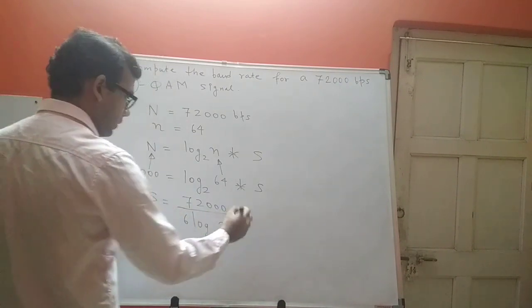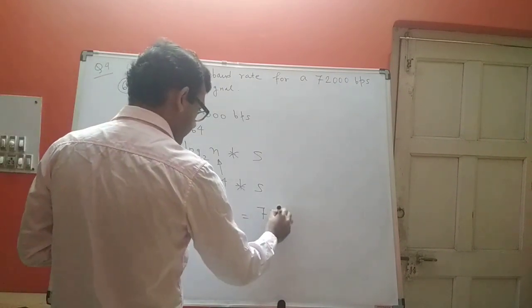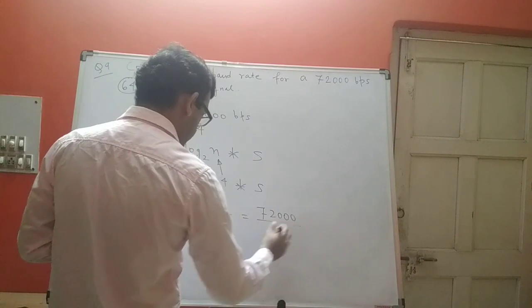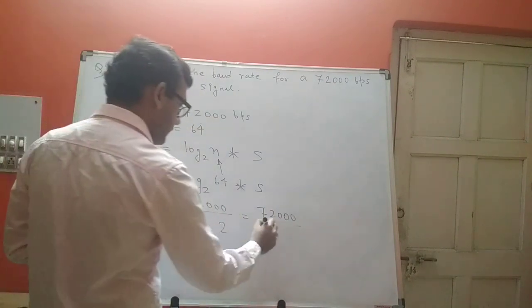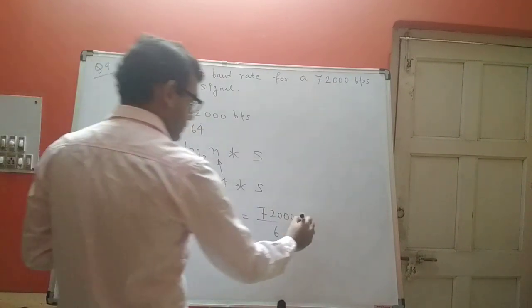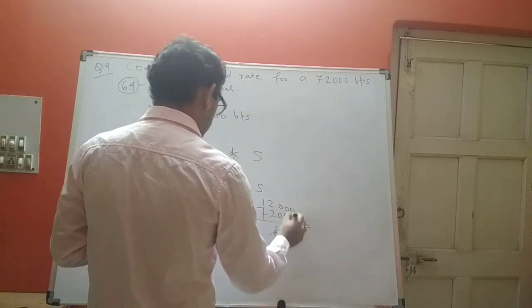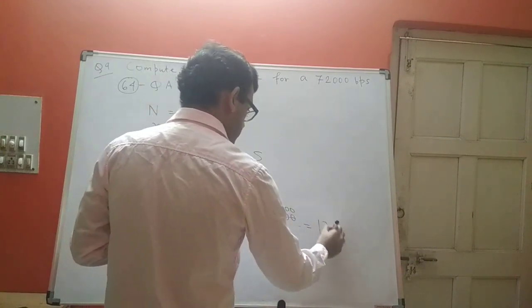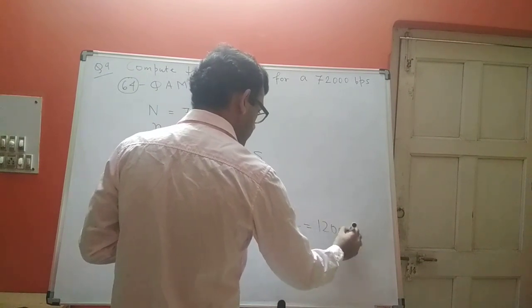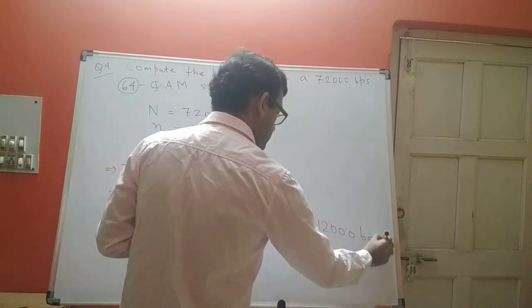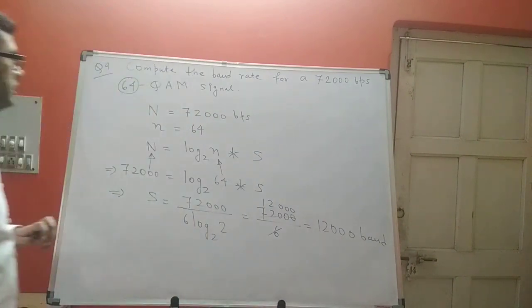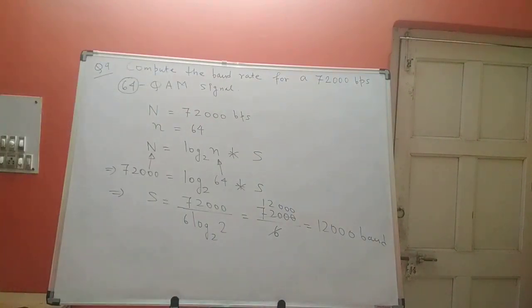So this will come out to be 72,000 divided by 6, which gives me 12,000. So 12,000 baud is the answer for this question. So the baud rate in this case is 12,000 baud.